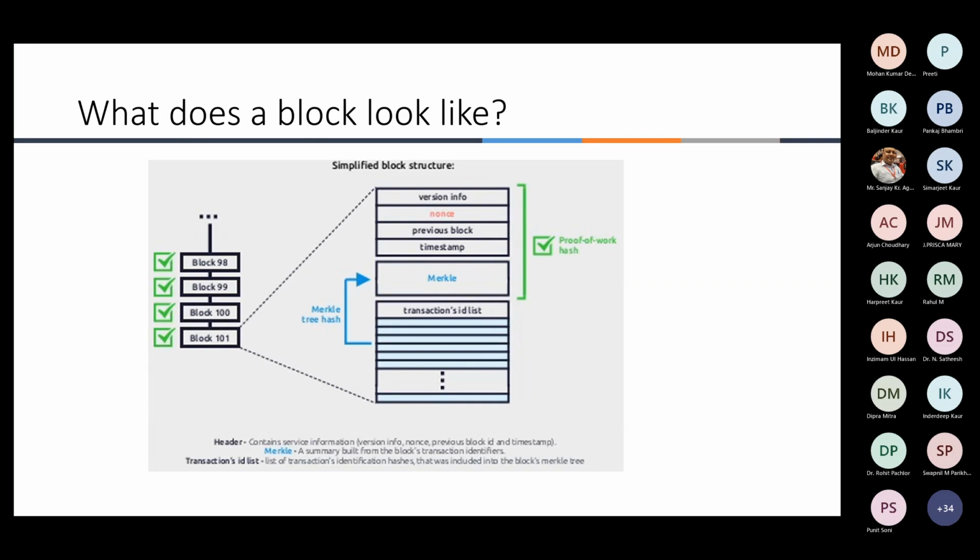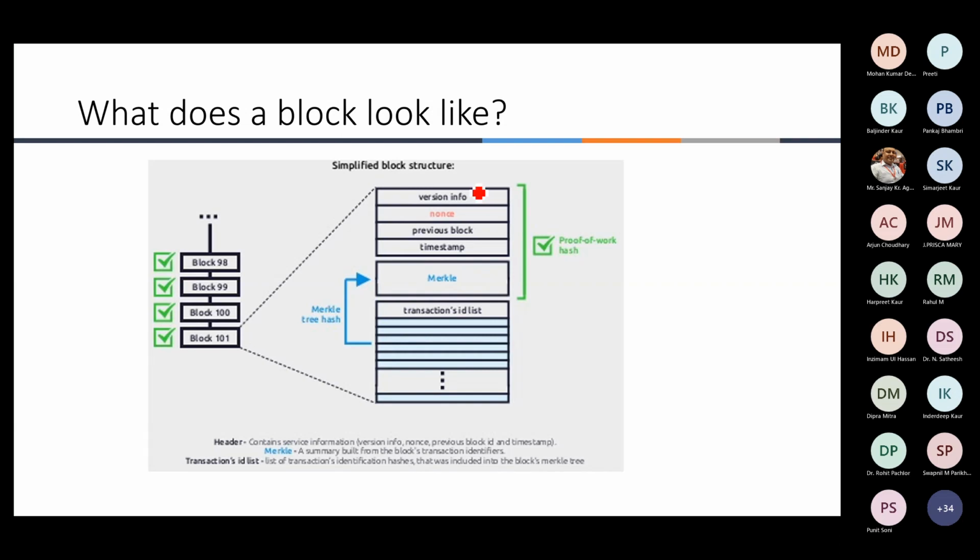A block consists of certain data elements. It consists of the transactions which have been committed, and the various transaction lists which have been processed. These are some of the components associated with blockchain networks.